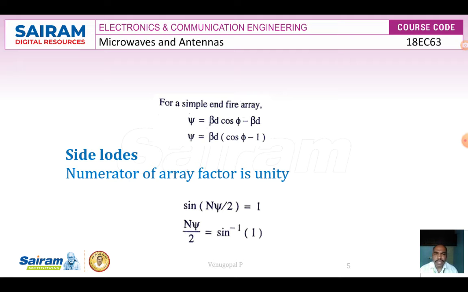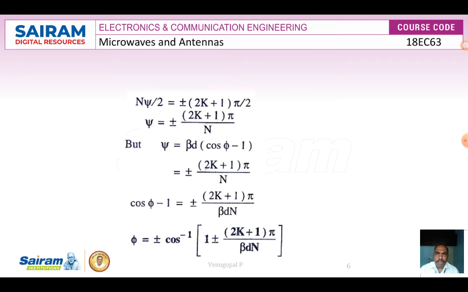Sin inverse of 1 means either 90 degrees or 270 degrees. So n xi by 2 is equal to (2k plus 1) into pi by 2, since 90 degrees and 270 degrees can be expressed as (2k plus 1) into pi by 2. From this we simplified and evaluated xi as plus or minus (2k plus 1) into pi by n, as the 2 gets cancelled.